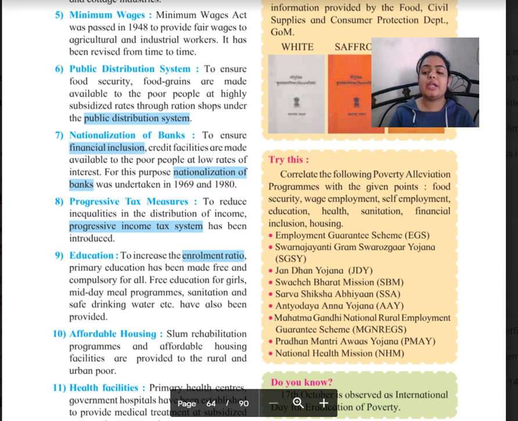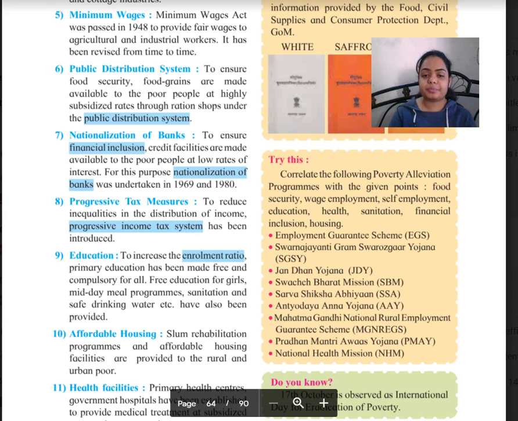Next, we have nationalization of banks. To ensure financial inclusion, credit facilities are made available to the poor at low rates of interest. For this purpose, nationalization of banks was undertaken in 1969 and 1980. So, financial inclusion means what?